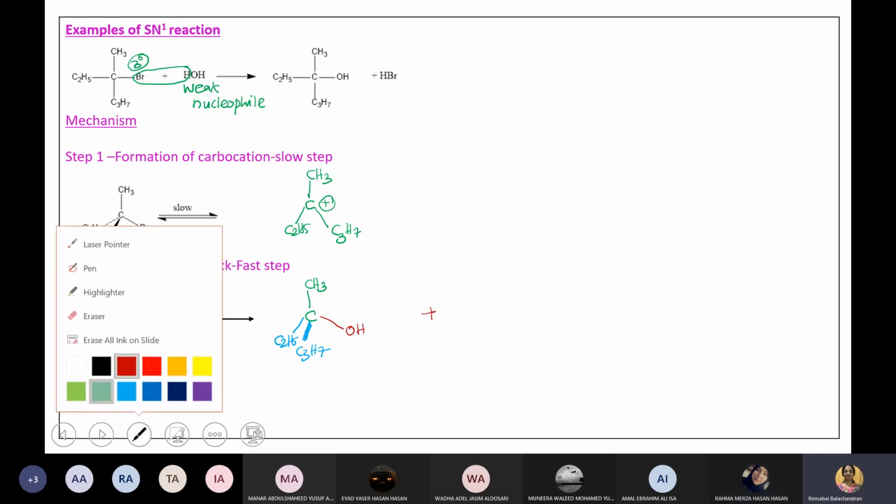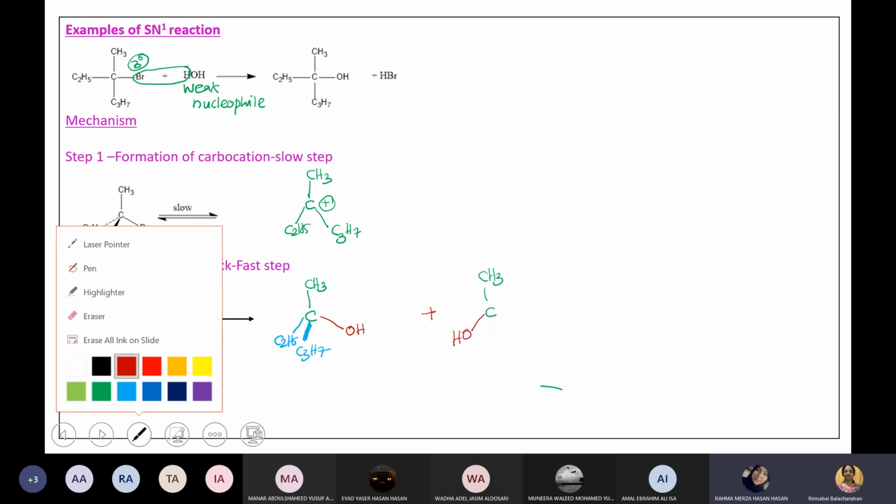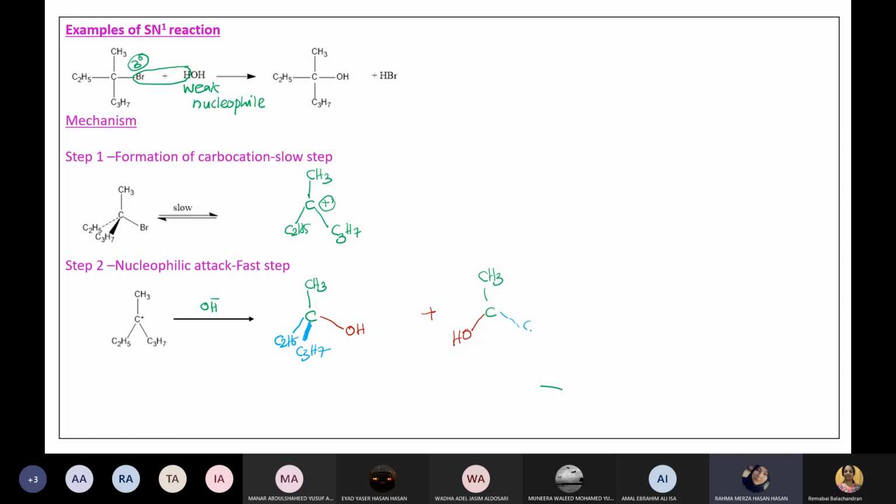So I will get C, CH3, and OH is on the left side, and C2 and C3 are going to be on the right. This is dotted. So this is what? Retention. First one, retention or inversion? Retention. Second one is inversion. So you get a racemic mixture.